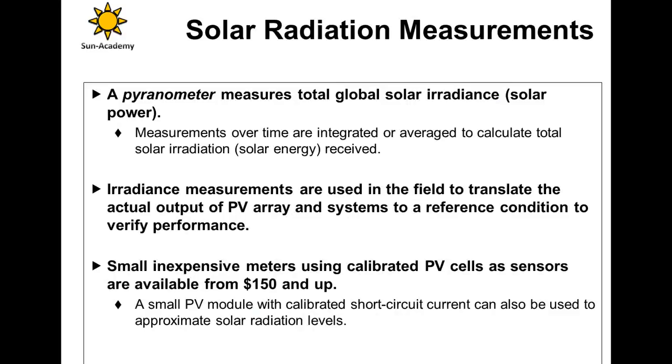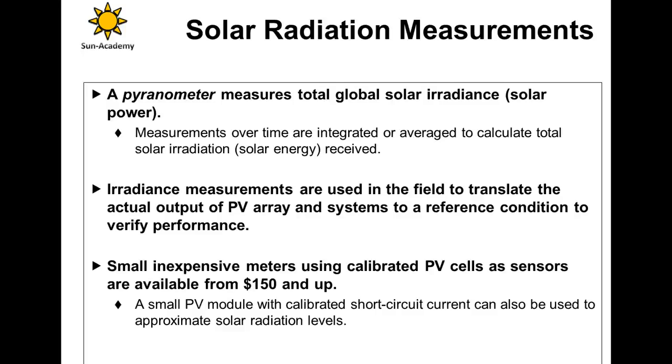Solar radiation measurements. A pyranometer measures total global solar irradiance or solar power. Measurements over time are integrated or averaged to calculate the total solar irradiation or solar energy received. Irradiance measurements are used in the field to translate the actual output of a PV system or array to a reference condition to verify the solar system's performance.